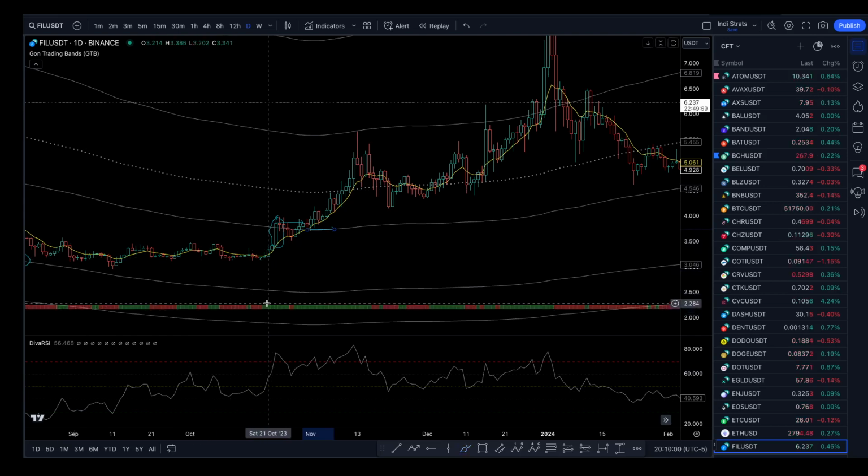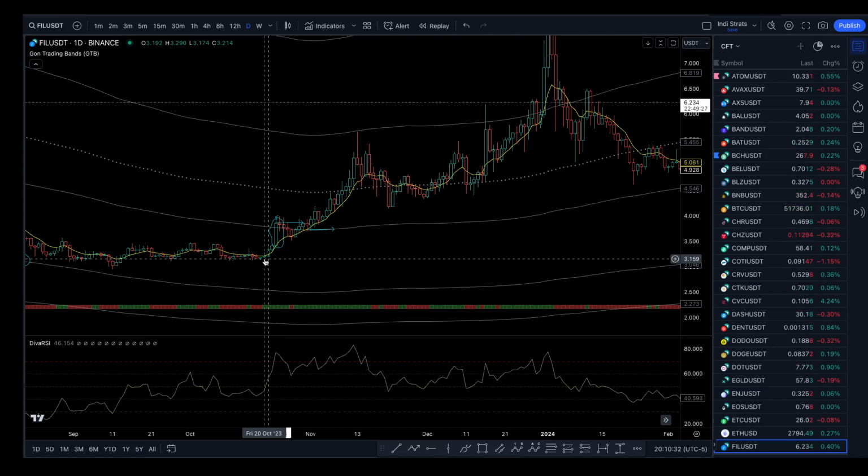So here it breaches 50 on this candle, the DivaRSI. You can see it here. DivaRSI is 56.465, and we get a good candle close above the relative strength line. Here, price also closes above the relative strength line, but the DivaRSI is 46.154.